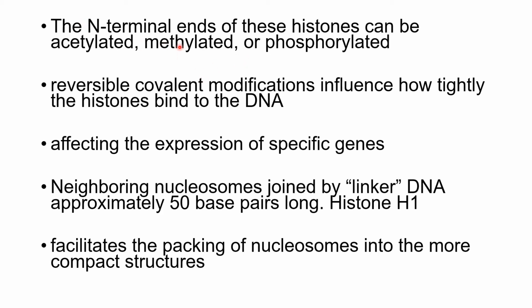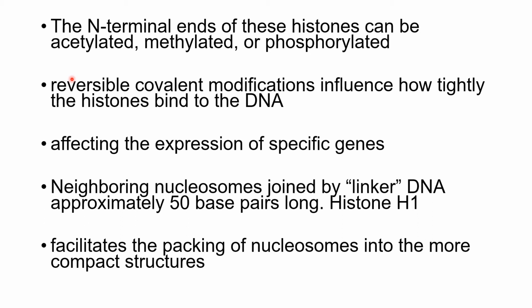The N-terminal ends of these histones can also be acetylated, methylated or phosphorylated, and these covalent modifications also influence how tightly the histones are bound to the DNA. During gene expression, acetylation takes place. This acetylation diminishes the positive charge of the basic amino acids.